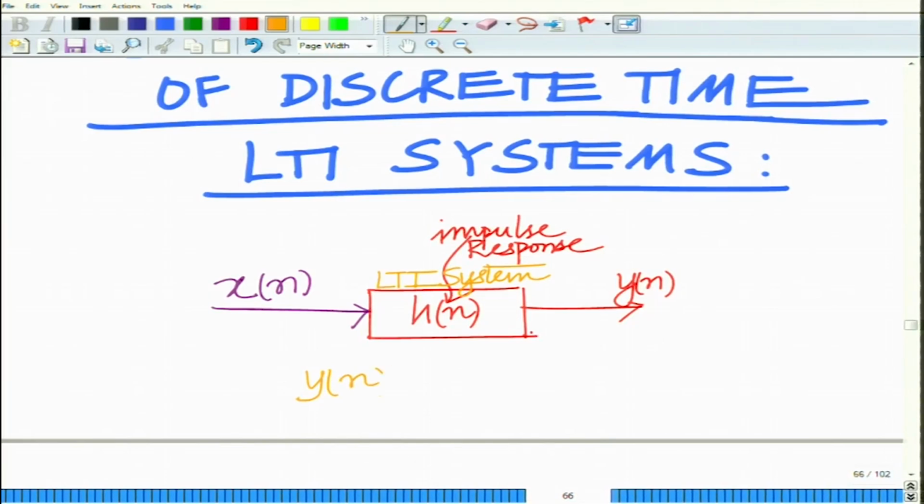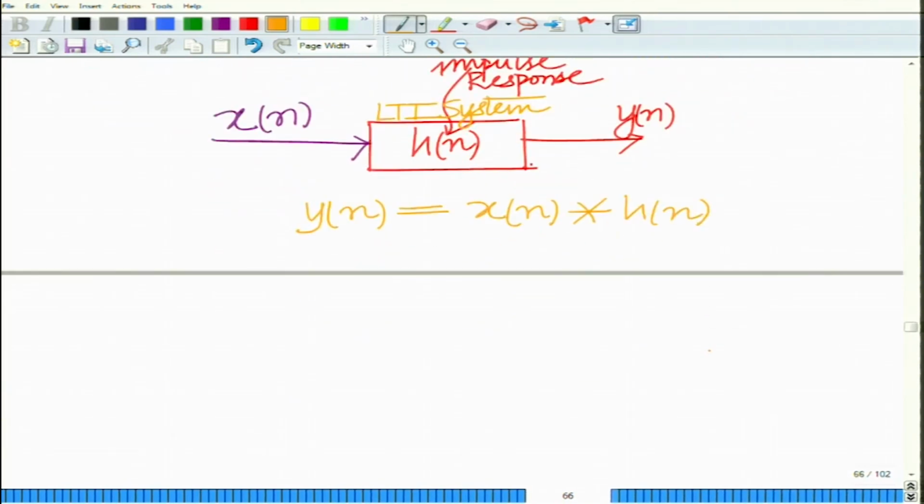Then we know that the output y[n] is given as the convolution of the input with the impulse response. So y[n] equals x[n] convolved with h[n], and from the previous properties of the Z transform we know that convolution in time is multiplication in the transform domain.